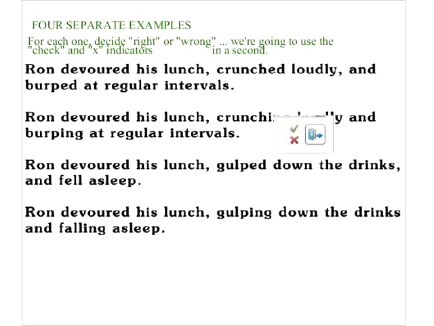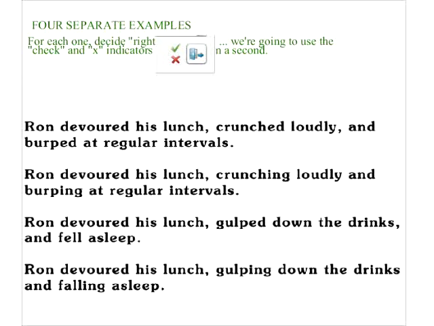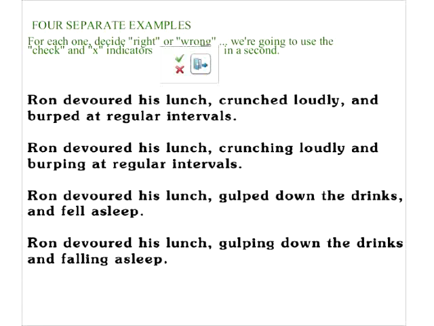These indicators that look like that, we're going to be using those in just a moment. So take a look at these and decide whether you think that they are correct or incorrect. Please do not use the chat box to answer this. We're going to go through these one by one and gather the opinions of the class.